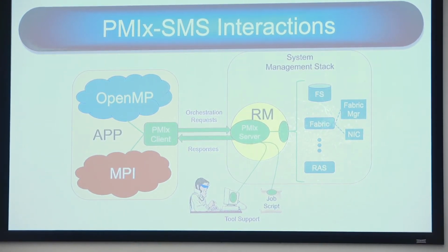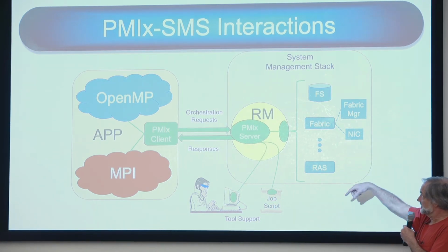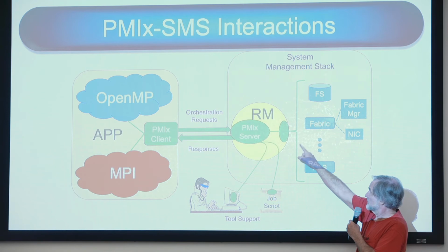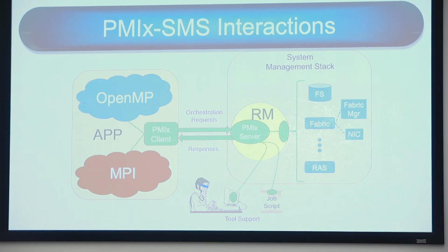And then, as I said earlier, the resource manager guys didn't want to write the code to talk to all this, so there's a piece of PMIx that does that for them. So they can say, hey, I have a request for the fabric, and we take care of the abstraction layer of talking to the fabric.